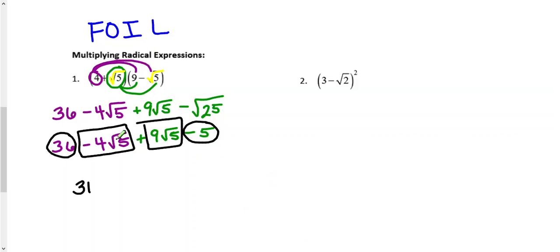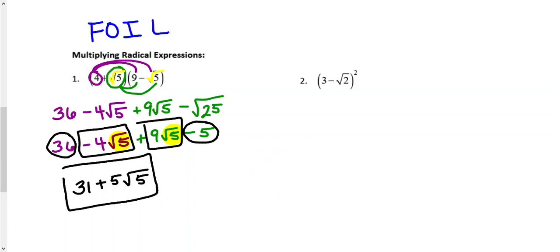Because remember, my square root of 5 and square root of 5 mean they are the same. I can add them. So negative 4 plus 9 will give me a positive 5 square root of 5. And that's my answer.